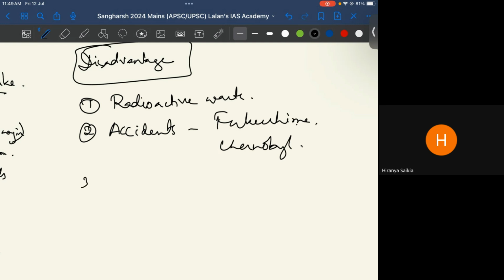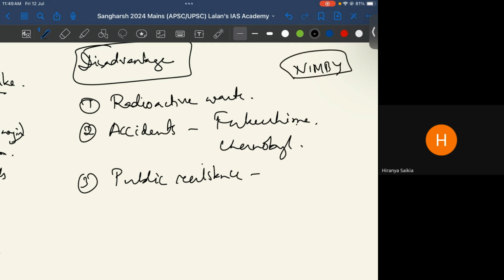Then the third issue is public resistance. You know very well Kudankulam people were resistant, the not in my backyard syndrome, NIMBY. People are not comfortable having a nuclear plant in their backyard because they know if something happens then everything is gone. Then the fourth big issue is governance: who is going to regulate the process.